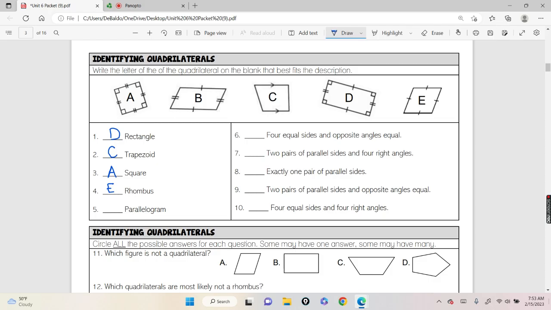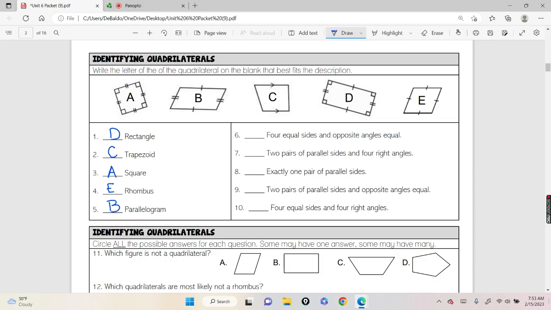And our parallelogram, the last one, is going to be B, because we have opposite sides that are parallel and we have opposite angles that are going to be equal, and they're not right angles. If they were right angles, then it would make it a rectangle.